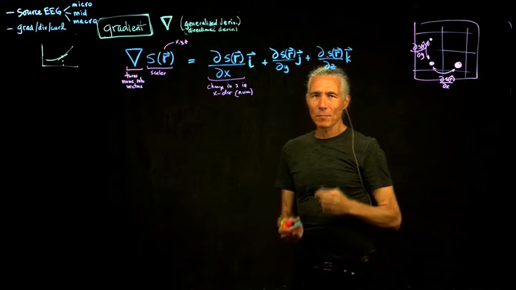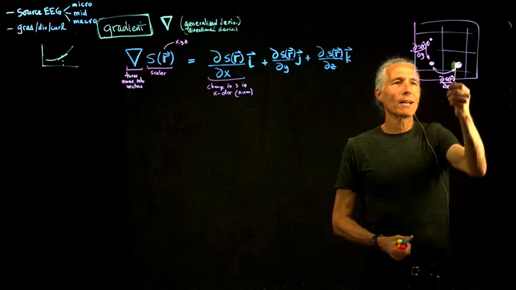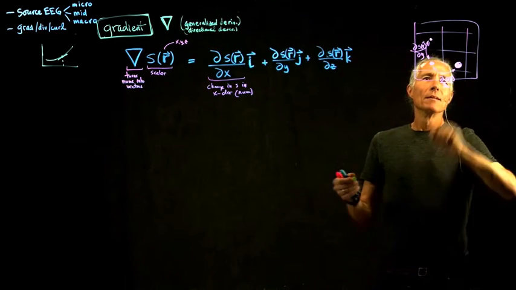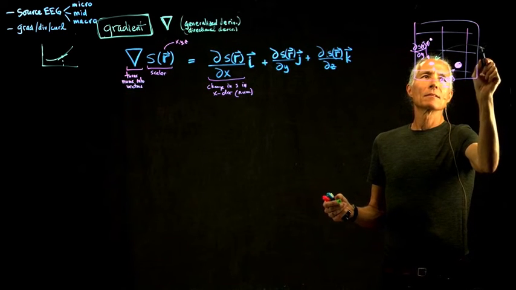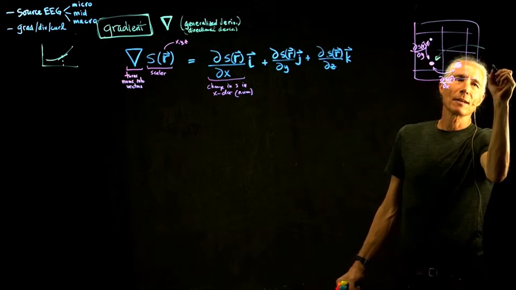So what's the multiplying by the unit vector business doing? So let's just work it out here. What this says is, at this point, the gradient is going to be basically the x unit vector.